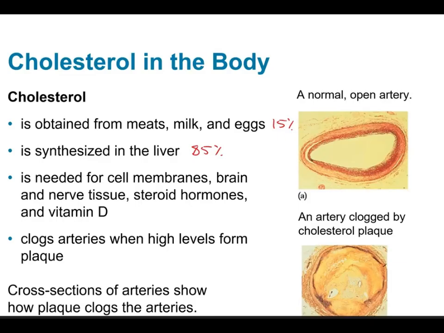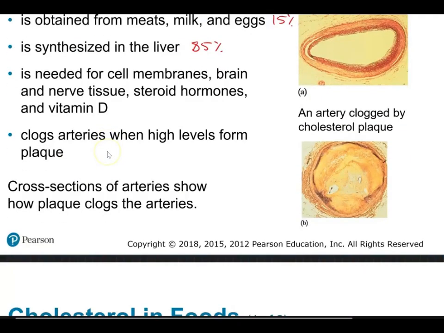It is essential, absolutely, for cell membranes, tissues, to regulate hormones and stuff. Clogs arteries when high levels, form a plaque. There's a lot to unpack here. First of all, mostly low density cholesterol or bad cholesterol.